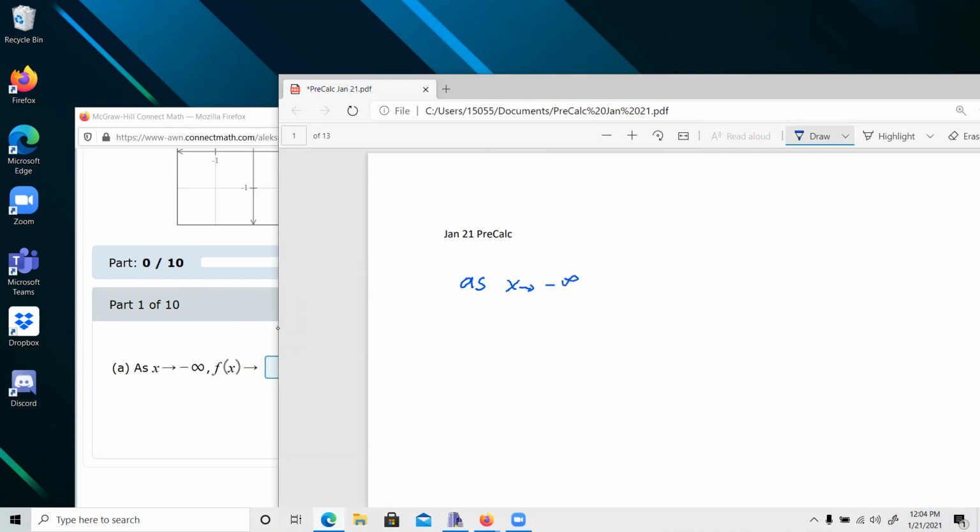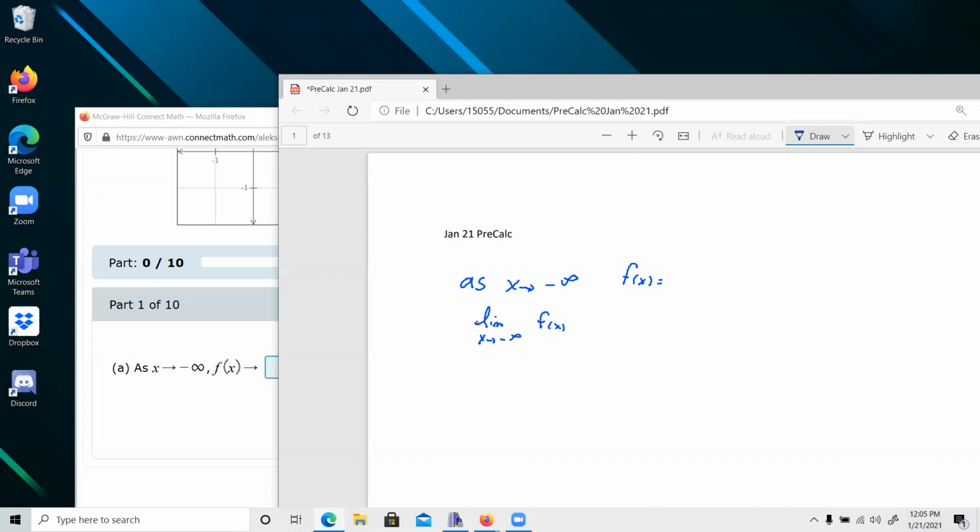So they're saying as x goes to negative infinity, okay, then f of x goes to what? You have to look at the graph. So normally in calculus, you're going to see this as a limit as x goes to negative infinity of f of x. So this is coming.